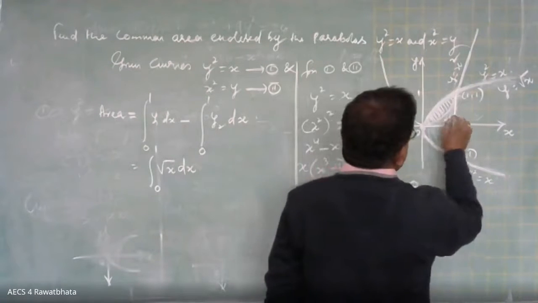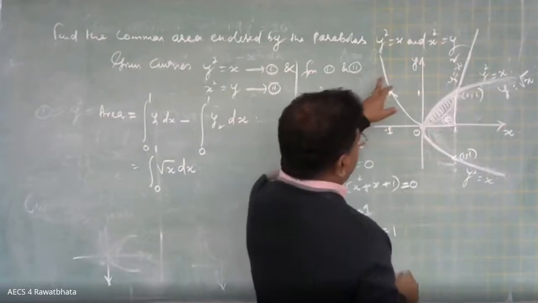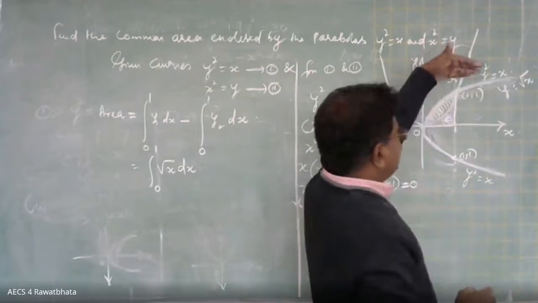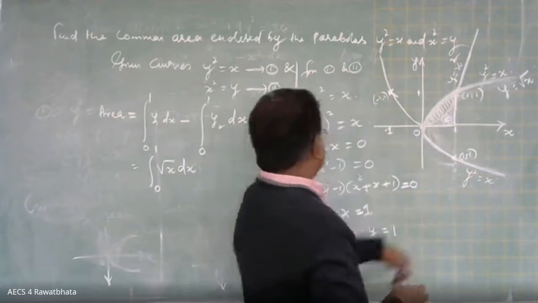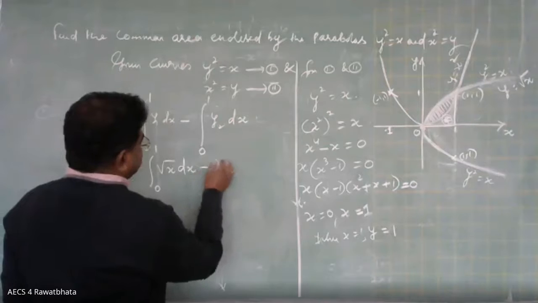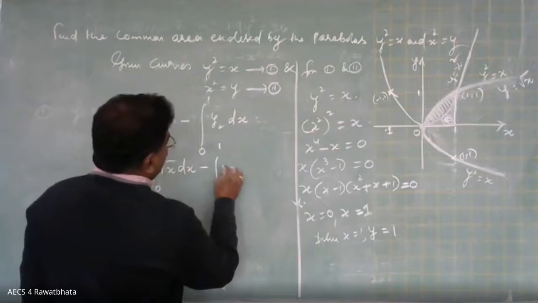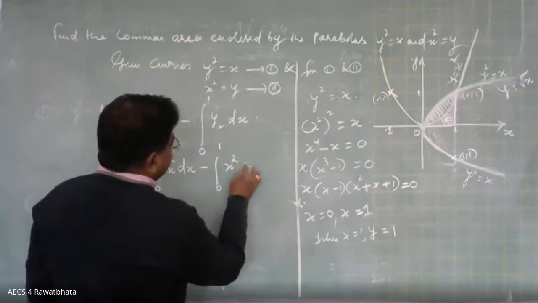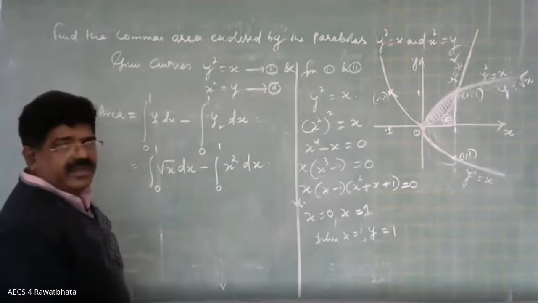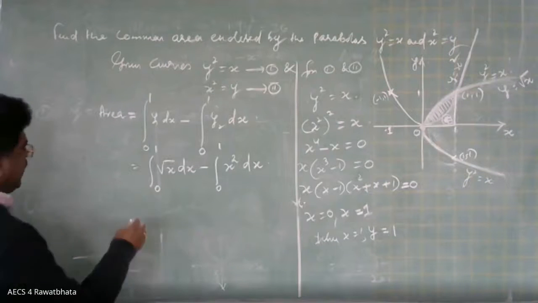So this unwanted area is made by the curve y is equal to x squared with the x-axis. That is minus of 0 to 1 x squared dx. Got it? X squared dx.